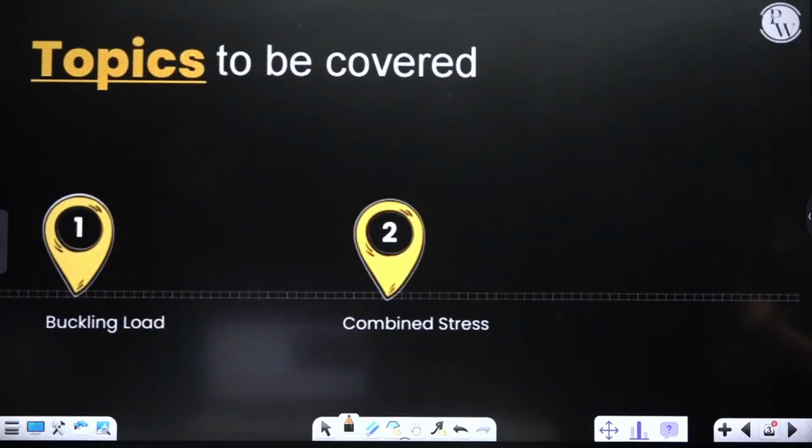In columns we'll cover the most important topic, that is buckling load. Then we'll see combined stresses, in a column and also due to combined torsion and bending moment. So let us start the class.